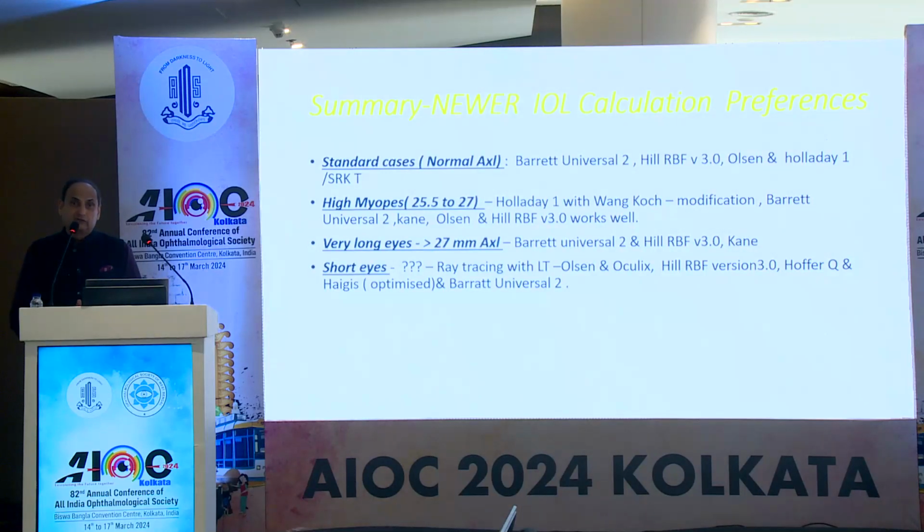For very long eyes, which is more than 27, the Barrett Universal 2 and the Hill RBF version 3 along with Kane. And for short eyes, again, ray tracing with LT, Olsen and Okulix, Hill RBF version 3.0, Hoffer Q and Haigis, the optimized one, and the Barrett Universal 2.